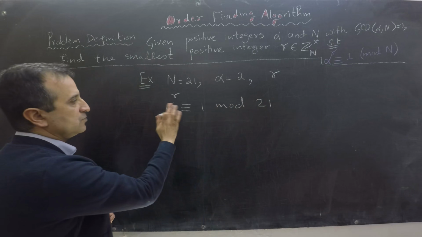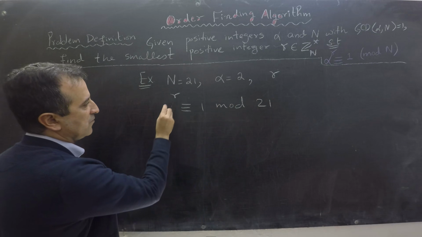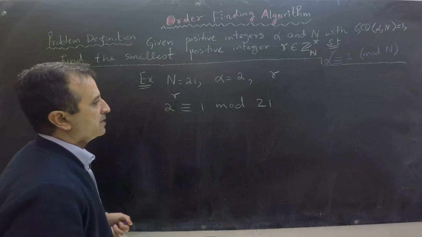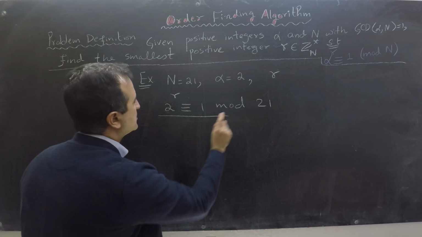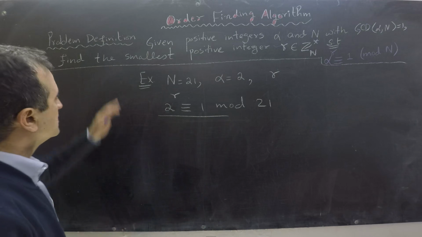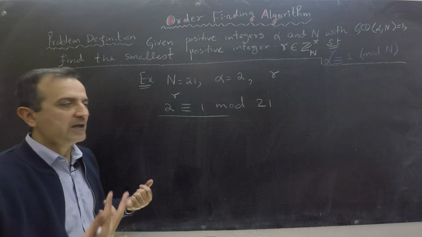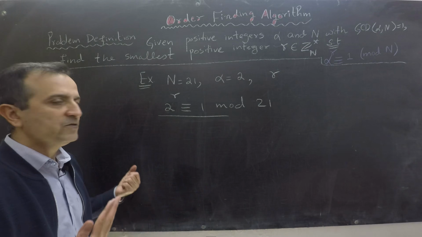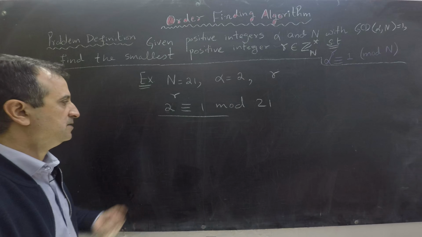My alpha is 2, so I can write 2 instead of alpha here. Because we have not yet learned the order finding algorithm, I will take different values of r and try to find r using a brute force method.